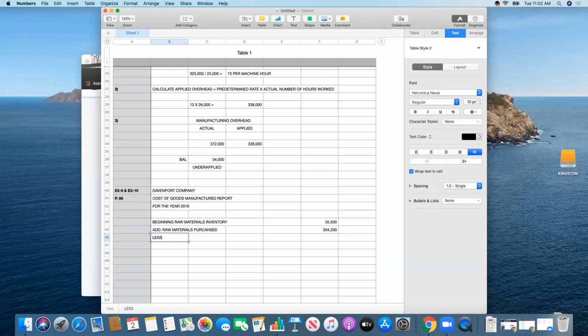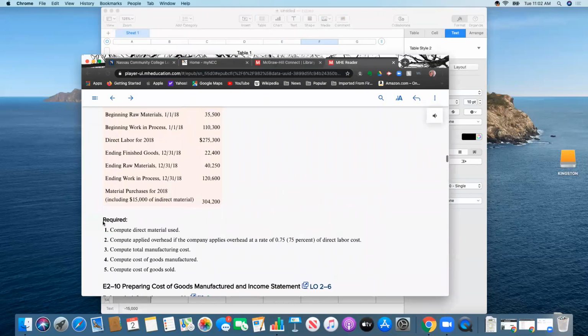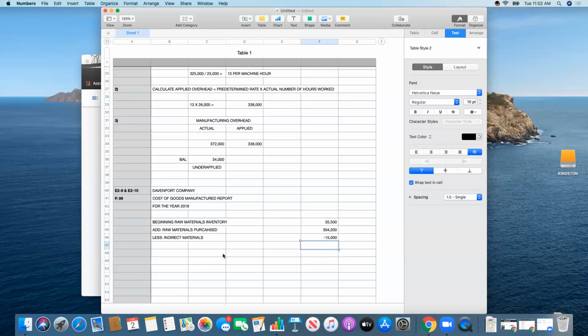But let's subtract the indirect materials. Remember, the indirect materials they told us was $15,000, right? If we go back to the problem, materials purchased, $304,200, including $15,000 of indirect material, right? So we're not concerned about indirect material. We're concerned here with direct material.